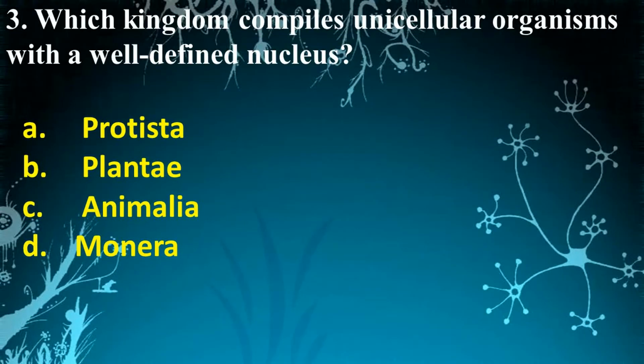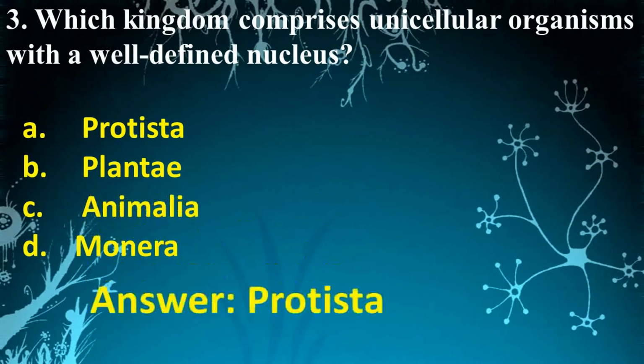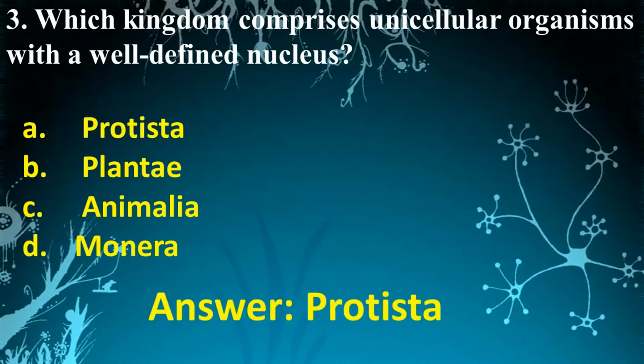Which kingdom comprises unicellular organisms with a well-defined nucleus? Options are Protista, Plantae, Animalia, Monera. Answer is Protista.